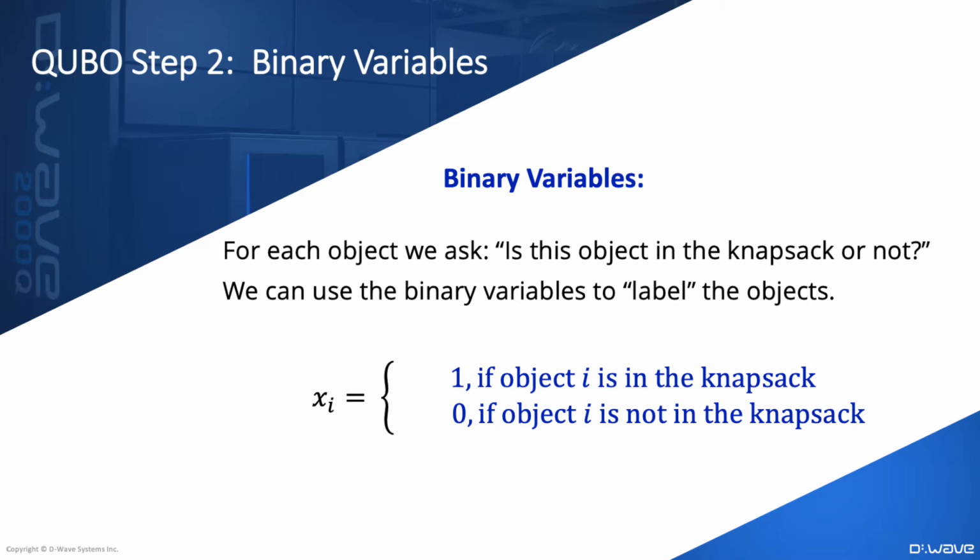Step 2 in building the QUBO is to set up reasonable binary variables. In this case, we're just going to ask, is this object in the knapsack or not? So we can just use binary variables to label the objects. X sub I, X sub 1 for the first object, for example, is 1 if object I is in the knapsack, and it's 0 if the object is not in the knapsack.